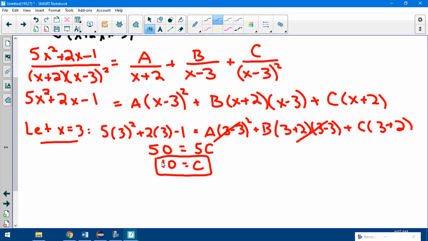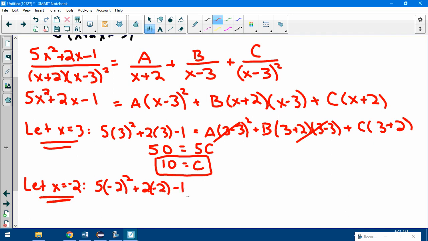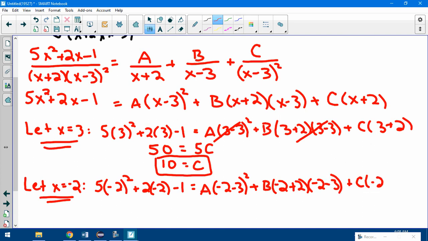All right, what's another number that's going to help me? Negative 2, because both of these terms will go away. So let's let x equal negative 2. So you'll have 5 times negative 2 squared plus 2 times negative 2 minus 1 equals a times negative 2 minus 3 squared plus b times negative 2 plus 2 times negative 2 minus 3 plus c times negative 2 plus 2.